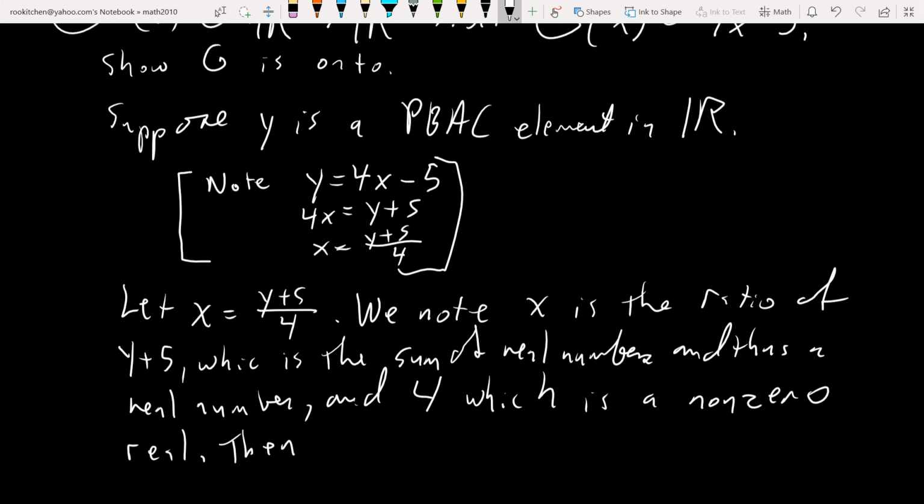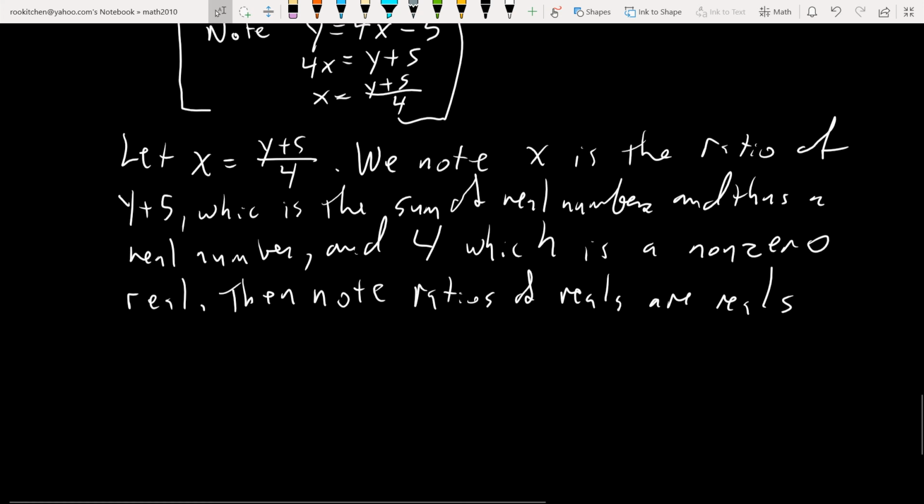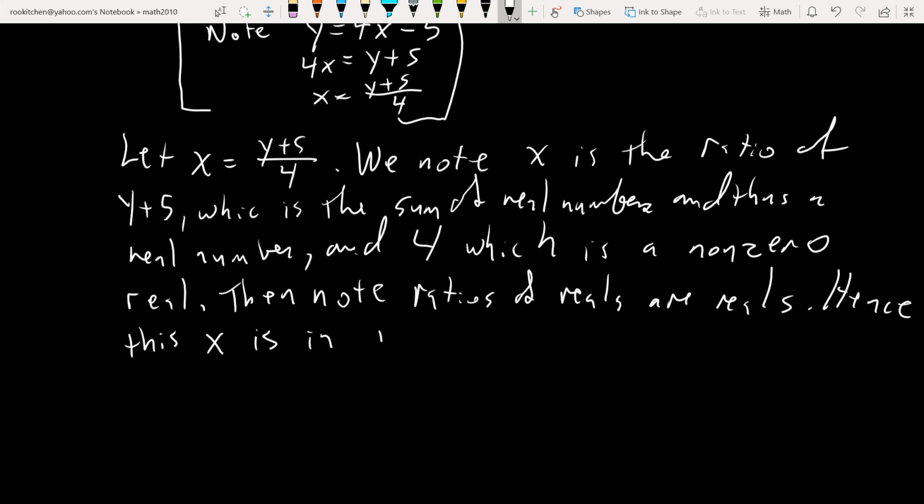Ratios of real numbers are real numbers. Also, you have to assume that the real number in the denominator is not 0. Hence, x is in the domain. This x that we've constructed is in the domain. We need that to hold for us to now consider g of x.